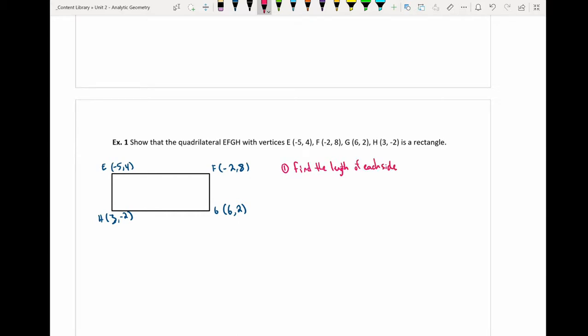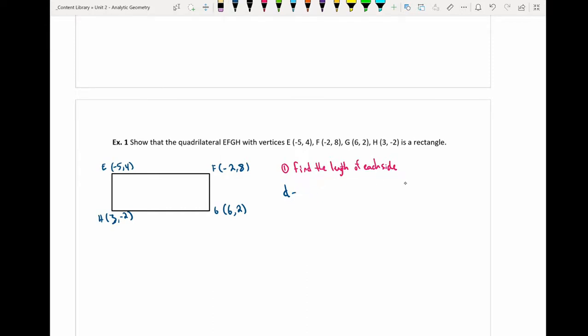We're going to find the length of each side, and then if it's a rectangle, we should have two that are the same and two that are not. So based off my rectangle here, I'm going to find the distance of EF. And again, remember our distance formula from a couple lessons ago.